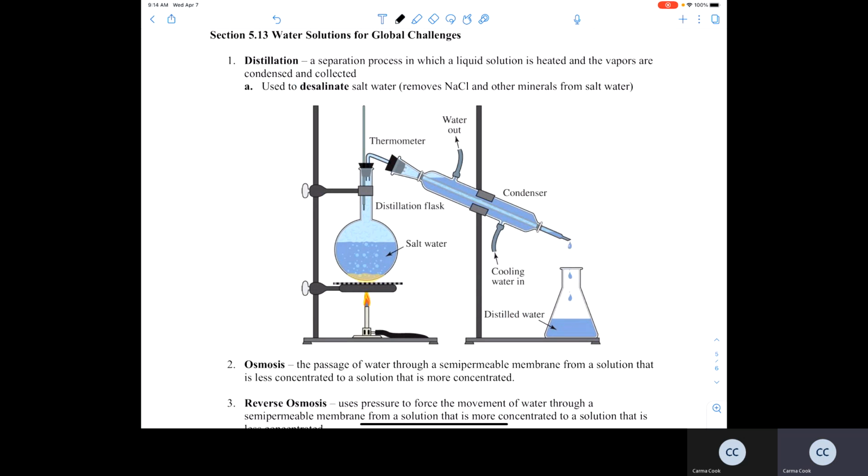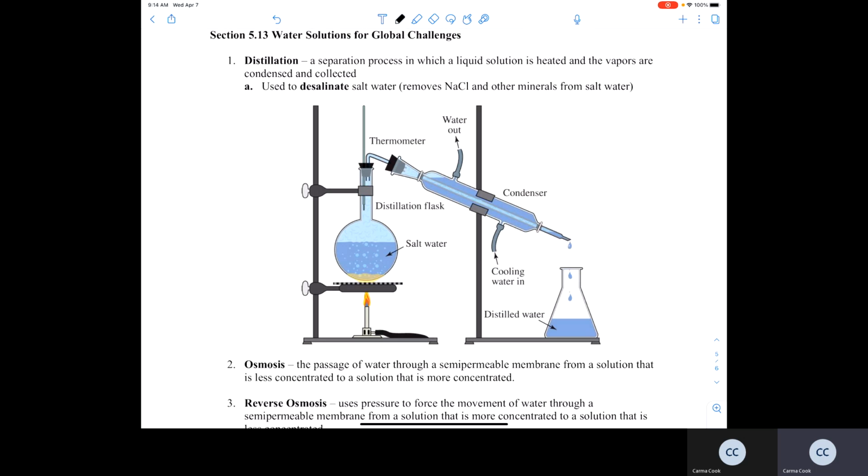Now, purifying water, like you saw in the water treatment plant, is very important, but also places on the planet that have water shortage issues. One thing that has been proposed is to use ocean water or seawater that is salt water and have that be an alternative to solve the water crisis issues.